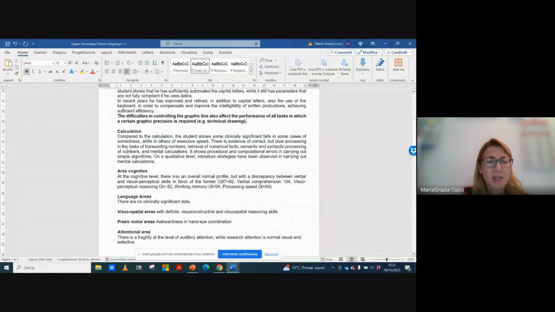Let's see what the clinicians say about the calculation. Compared to the calculation, the student shows more clinically significant faults, in some cases of correctness, while in others of executive speed. So when we talk about calculation, we need to have a certain speed, we need to have precision.